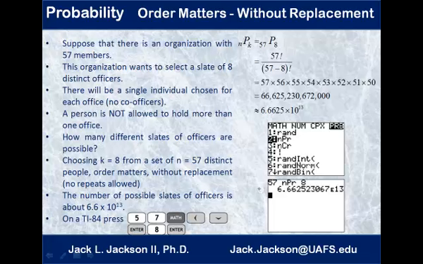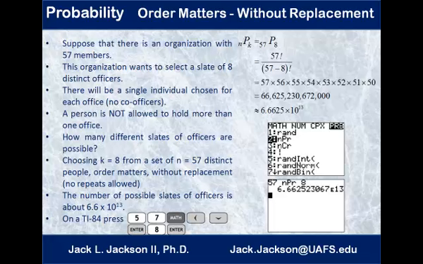Okay. Well, let's see what we have here. Again, this is exactly the setup for our permutations. We're choosing k equals 8 officers from a set of n equals 57 distinct people. Order matters, since the offices are different. It's done without replacement, so no repeats are allowed. And so how do we do this?